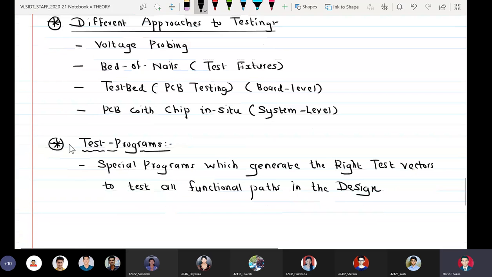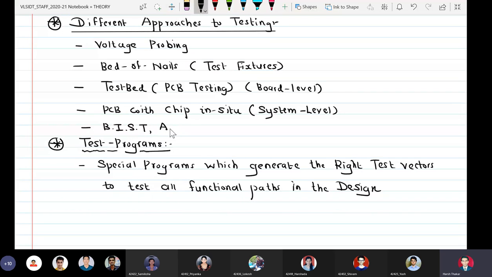And then in different approaches to testing, we have BIST, that is built-in self-test. Then ATPG, that is called automatic test pattern generation, ATPG. And then we have boundary scan, and we have TAP.